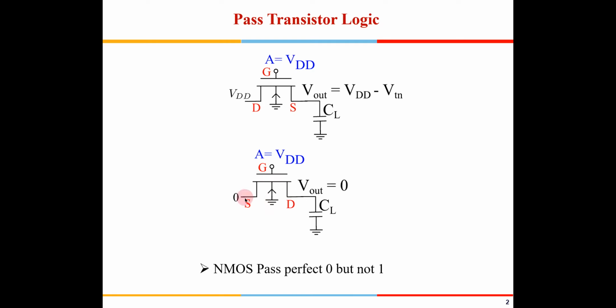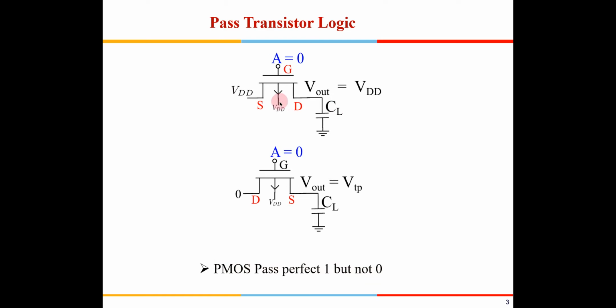So this becomes the source, and since it is 0 here and VDD here, irrespective of what voltage is available here, the gate to source voltage is VDD, which is higher than VTN. So this entire voltage which is available here will get discharged to 0. So that is why NMOS passes a perfect 0 but not 1.